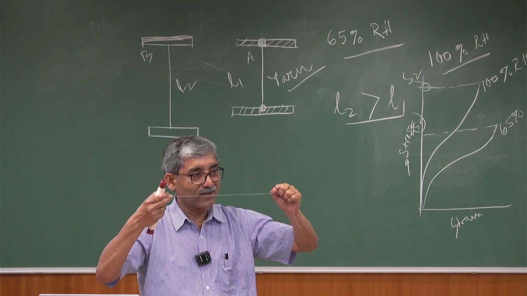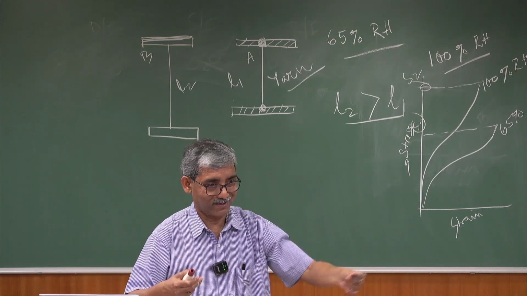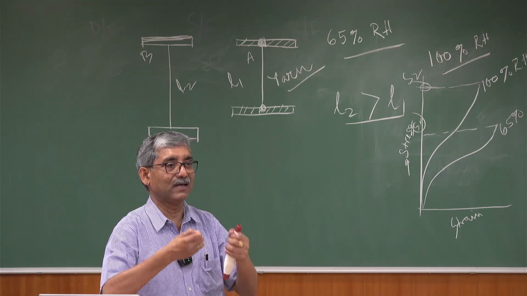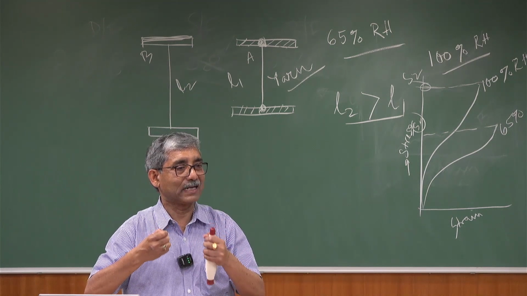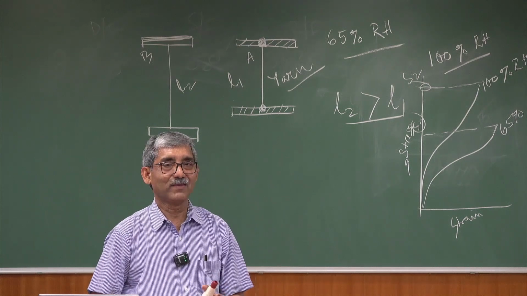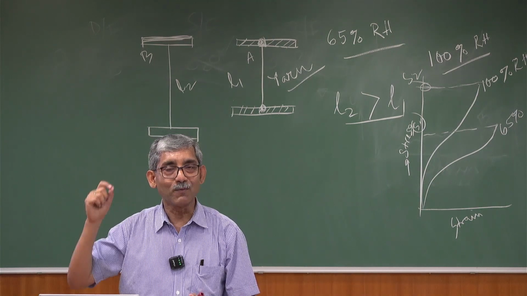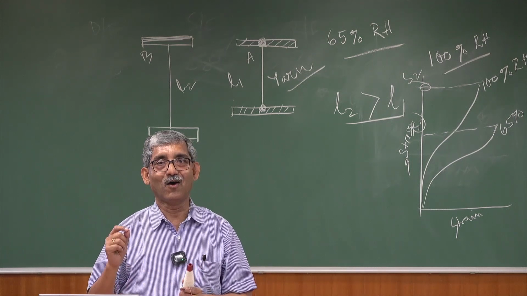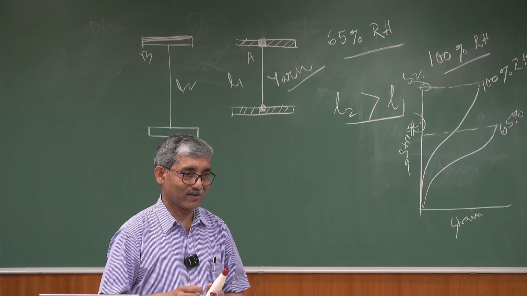But actually, this yarn is for weaving. It has to withstand a maximum of 10 centinewton per tex. It has to have certain elongation. That is suitable for use, whether it is suitable for use or not, fitness for use.